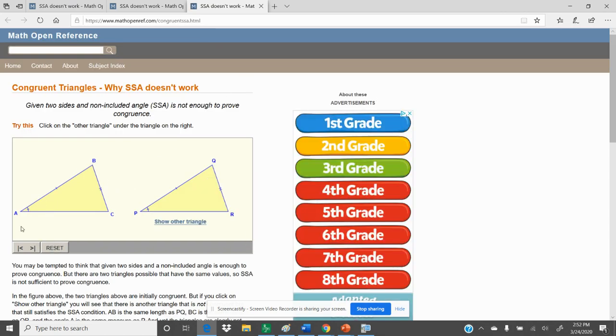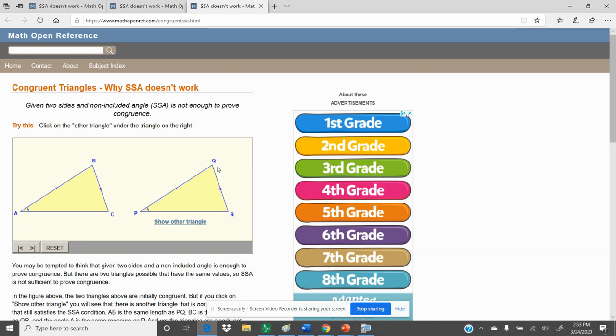If you take a look at this first triangle, you have angle A given, side AB given, and side BC given. So you have an angle-side-side configuration. Here I have these two triangles that are exactly the same, angle, side, side.